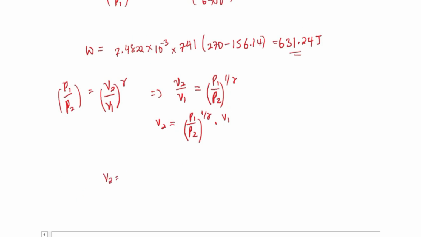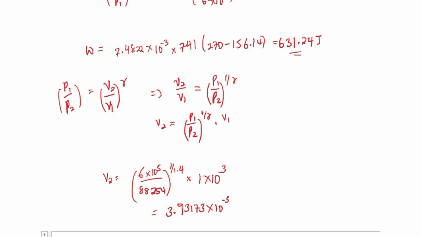So now V2 is 6 exponential 5 by 88254 to the power of 1 over 1.4 multiplied by V1, which is 1 exponential minus 3 meter cubed. So this is 3.93173 exponential minus 3 meter cubed.